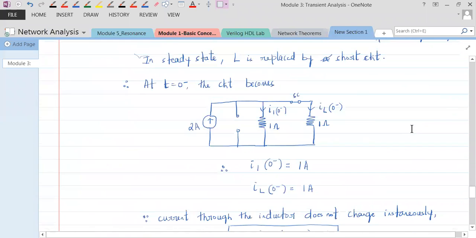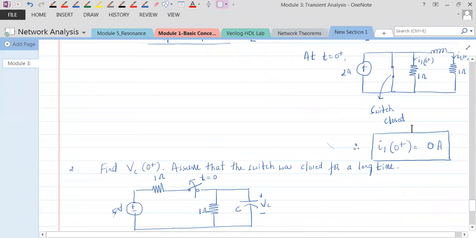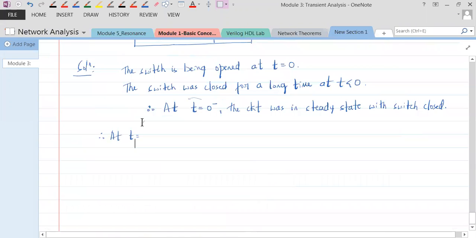Okay, so that we need to write. Fine. Therefore at t equal to 0 minus, the capacitor is replaced by open circuit. Understand this, it is replaced by open circuit.